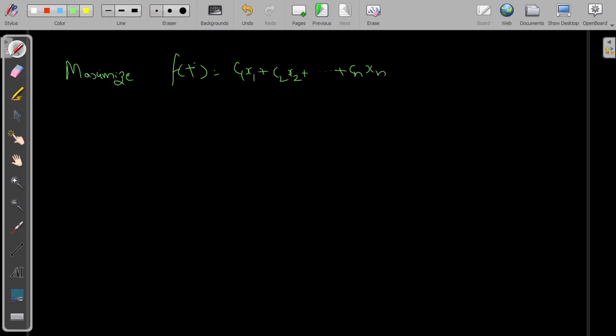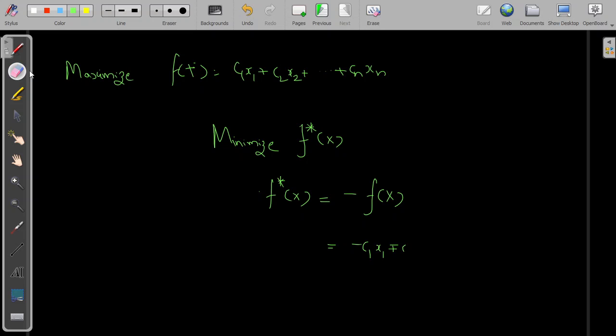That is, minimize f star of X, where f star of X is equal to minus f of X, which equals minus c1x1 minus c2x2 minus c3x3 minus etc. minus cnxn.